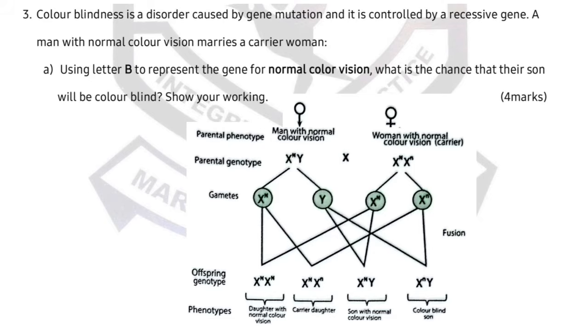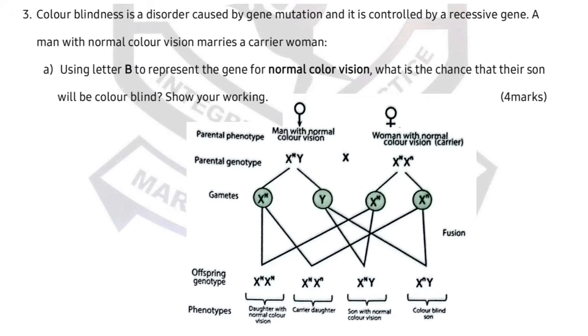Now, in this case, we're being told that the male has normal color vision. So that means that the allele that is present in the X chromosome of the male's genotype is going to be normal. We're not going to have anything on the Y chromosome because this particular allele is absent. Okay, now moving on to the female, we are being told that the woman is a carrier. Now, women have 2 X chromosomes.